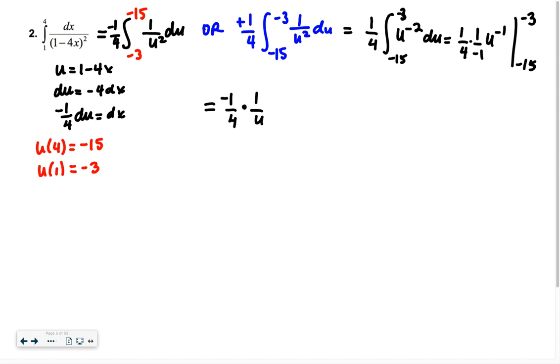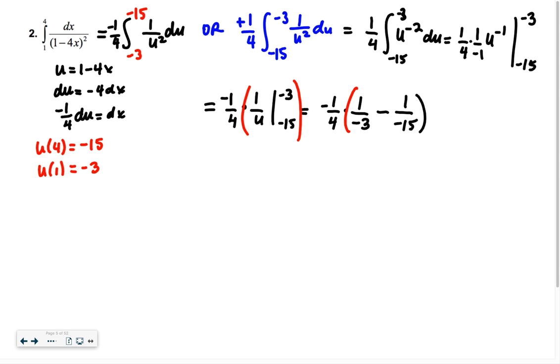And I have 1 over u going from negative 15 to negative 3, which is negative 1/4, 1 over negative 3, minus a negative 1/4. You know what I do sometimes when I see I have that negative 1/4 out front? I just do a big parenthesis. So then I just worry about plugging in the negative 3 and the negative 15 to just the part that has the u, which is fine. So I have minus a 1 over negative 15.